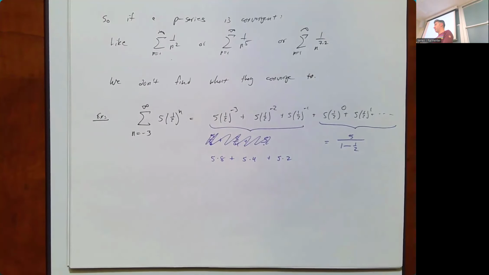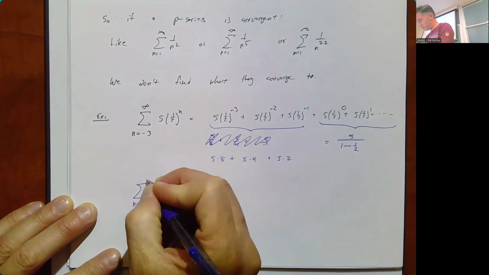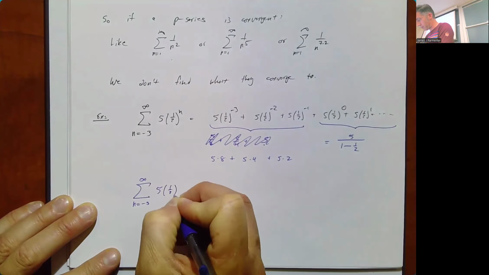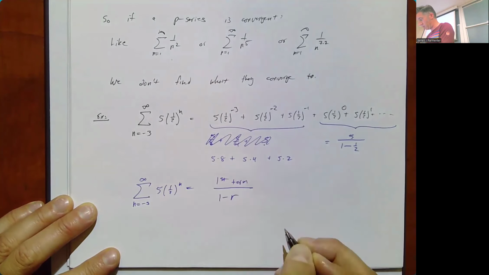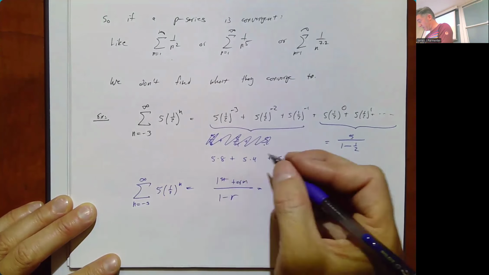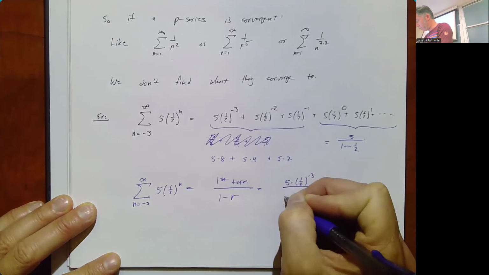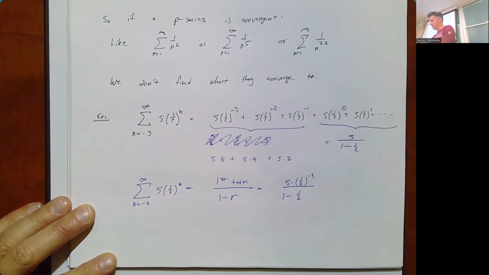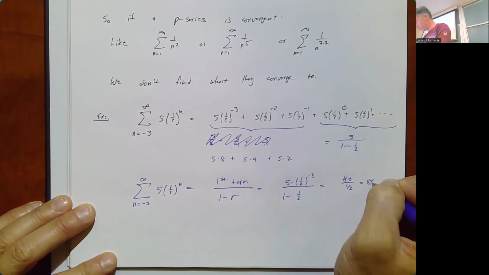Or you could do what I typically recommend: if a geometric series is convergent, wherever you start, whatever your ratio is, as long as your ratio is between -1 and 1, it's always the case that the geometric series converges to the first term of that series, whatever it may be, over 1 minus the ratio. So in this case, that's going to be 5 times 1/2 to the -3rd over 1 minus 1/2, which ends up being 5 times 8 over 1/2, which is 80.